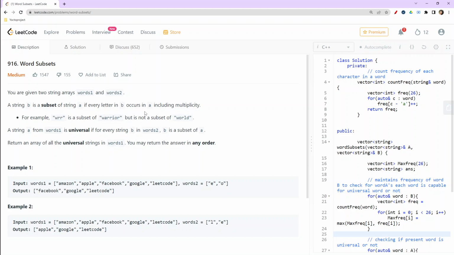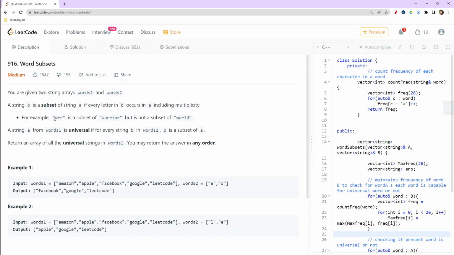And a string A from word 1 is universal if for every string B in word 2, B is a subset of A. So we are required to return all the universal strings in word 1, that is, they should include all the letters present in word 2.